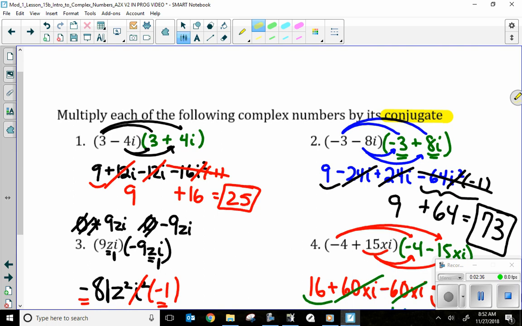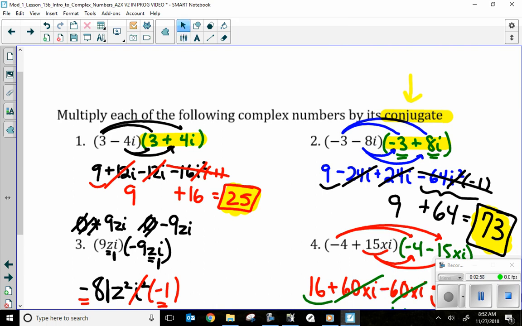When we multiplied by the conjugate, 3 minus 4i, the conjugate was 3 plus 4i. For -3 minus 8i, the conjugate is -3 plus 8i. And you'll notice all of our answers were not complex anymore. The i's went away when we multiplied by the conjugate.